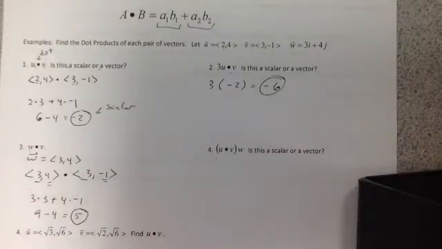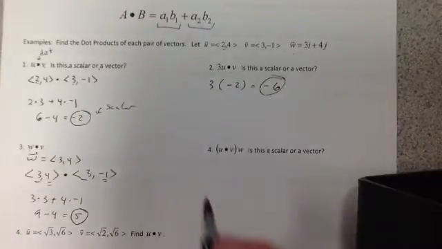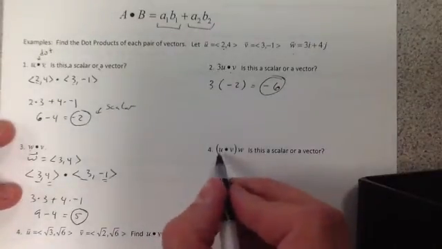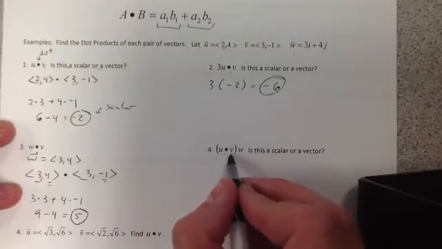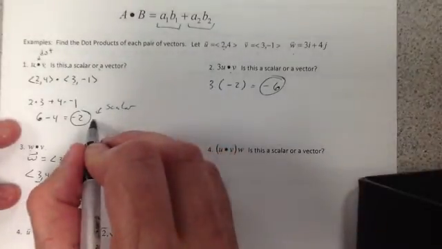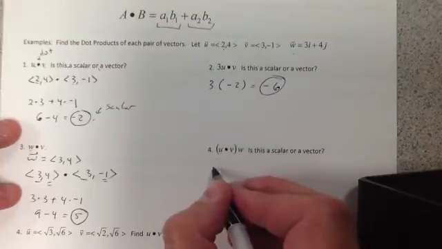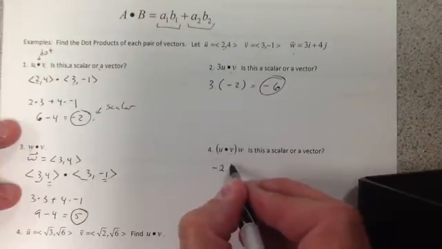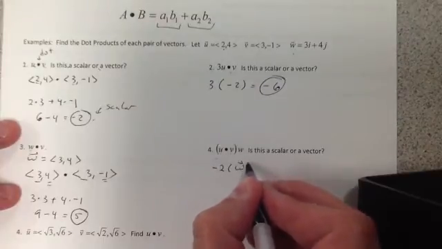All right, let's try number 4. Number 4 says take the dot product of u and v, which we already have from up here, which we know is negative 2. And we're going to multiply that by vector w.